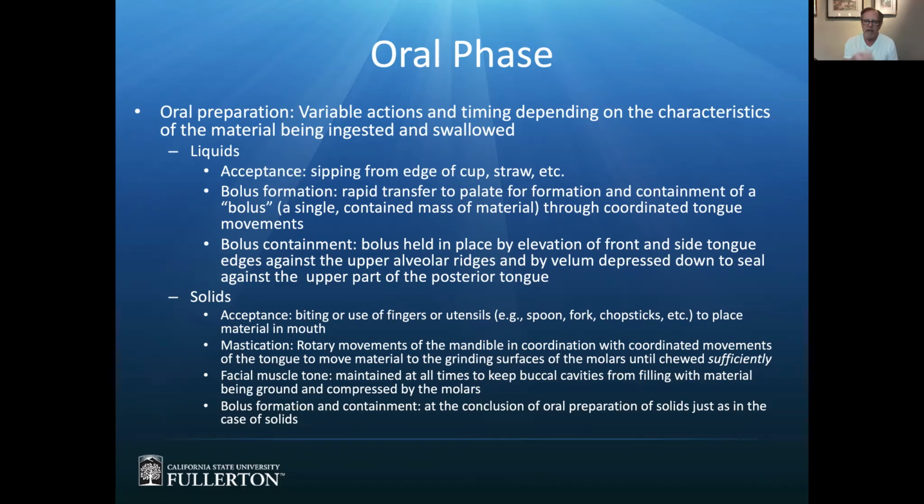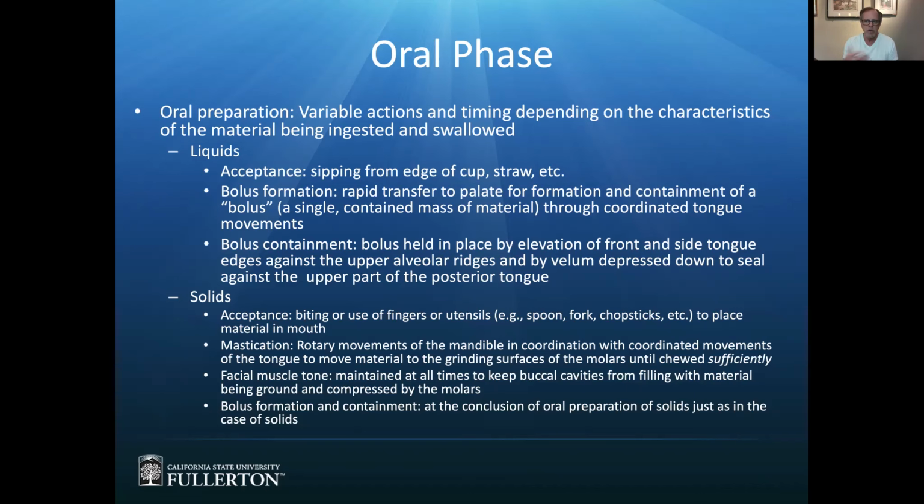Now, the way you form it and contain it is by elevating the edges of the tongue up against the upper alveolar ridge, all the way around, U-shape, and bringing the velum down to the tongue. Now that forms a seal all the way around 360 degrees. And if you've done that correctly, you've got a bolus and it's contained.